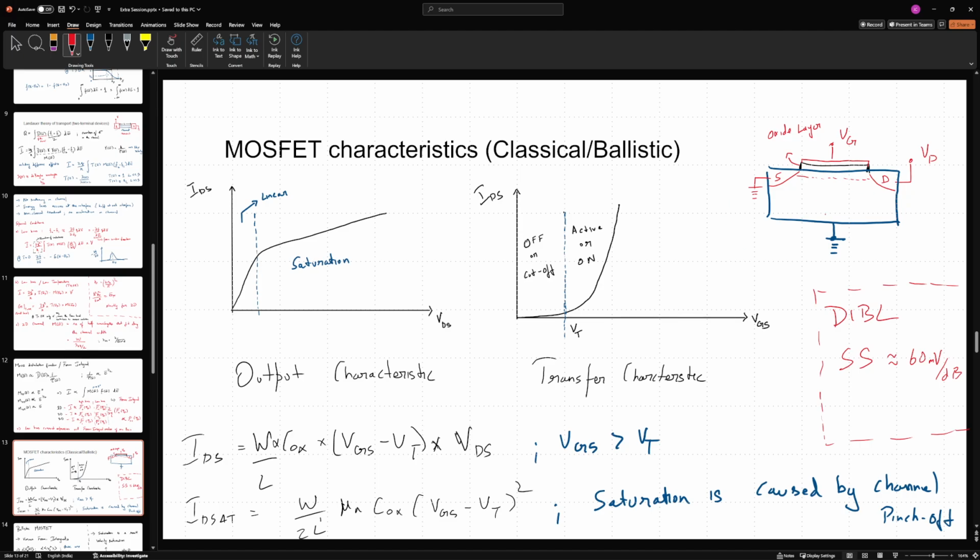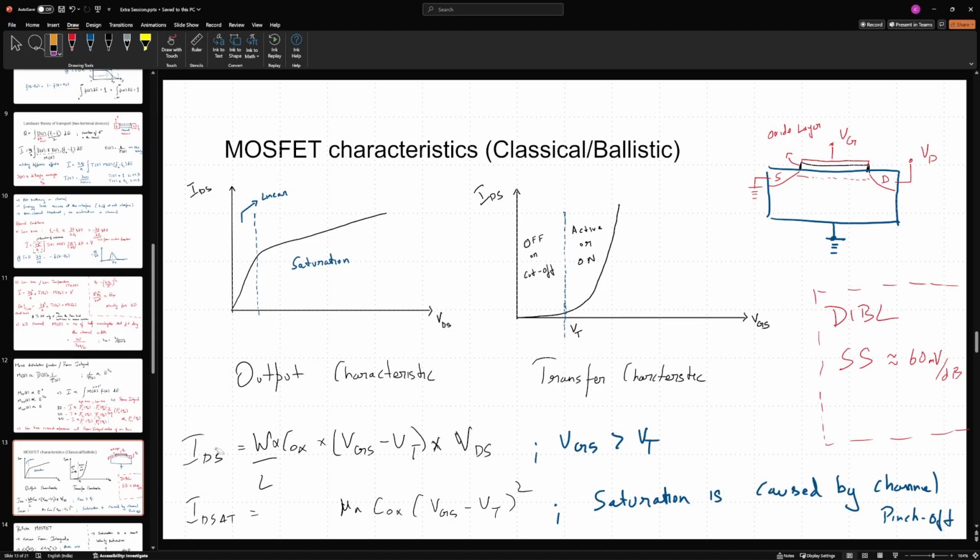Typically the source is grounded, and the drain VD is applied there, and the substrate is also grounded. So VGS is the potential difference between the gate and the source. This is just one way of setting up the potentials for the transistor.